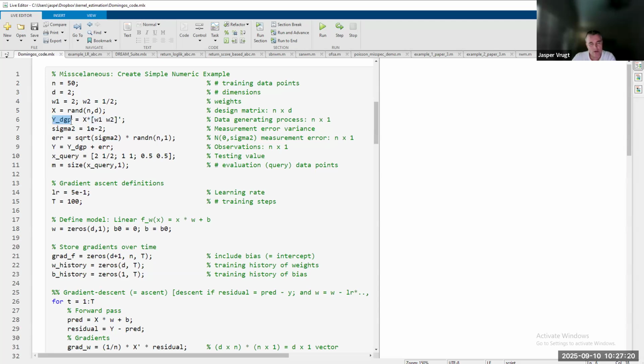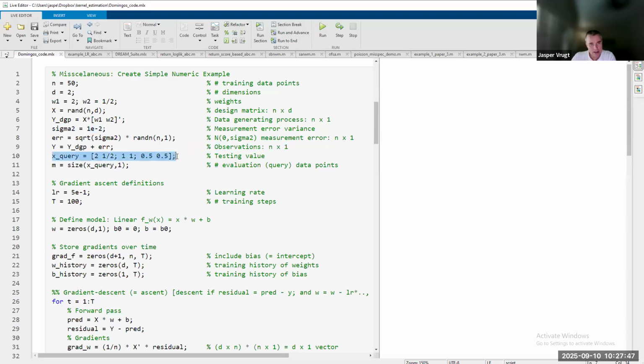So this is a vector of 50 by 1, which is W1 times X1 plus W2 times X2. Then I define a measurement error, a small error on my training samples. And here are my final data points, which is the data generating process Y plus an error, which is just normal with a variance of 0.01.